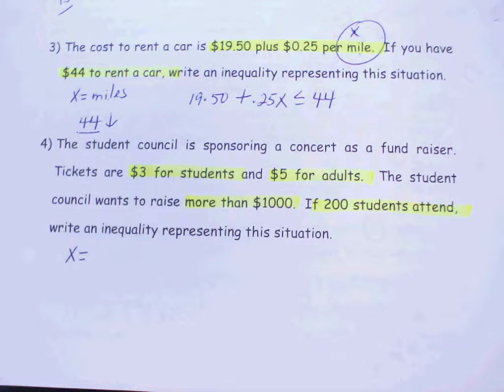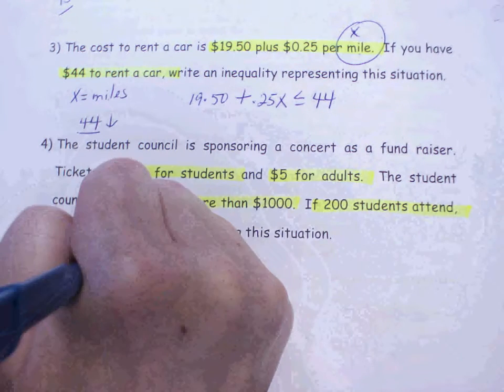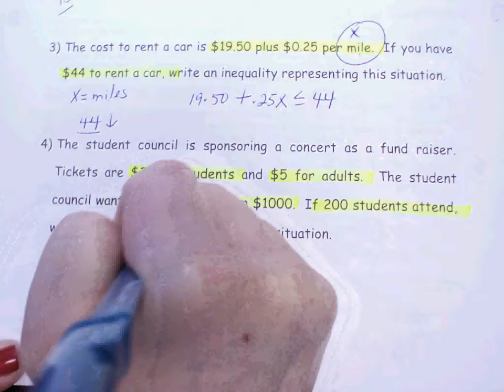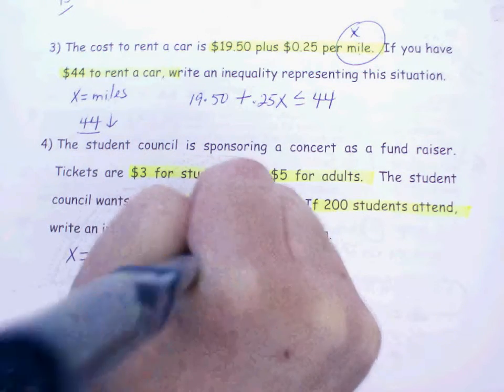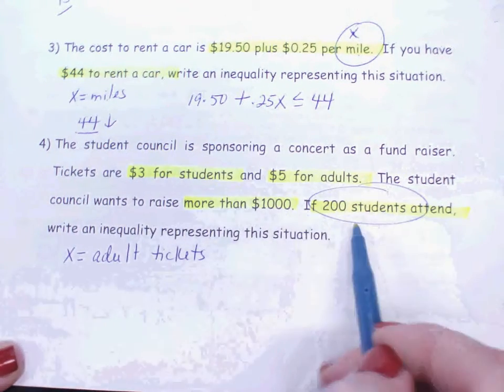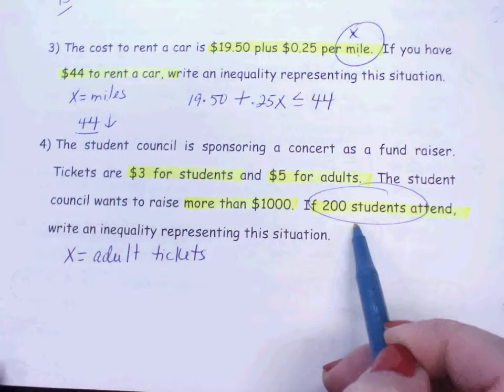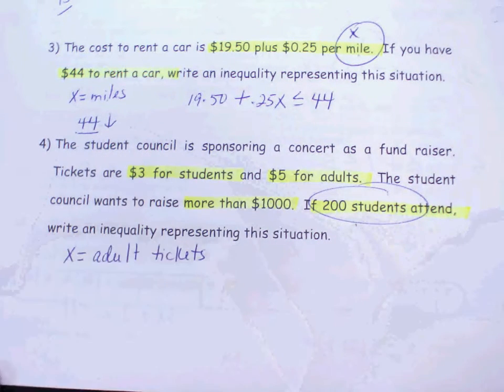Okay, so what's my x? The students, you already know how many students go. Adult tickets. Thank you very much. x is adult tickets, because you already know how many students are going.